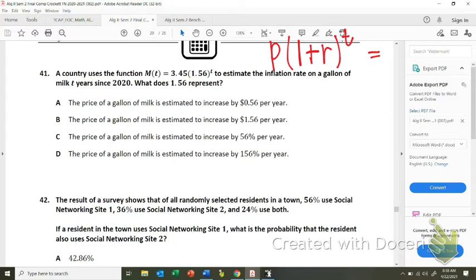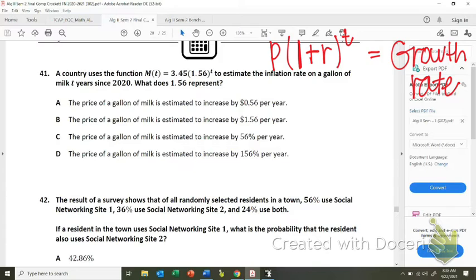Write this part down. What do you notice is already in that equation? What number? And in the generic equation, what number's already there? 1, right?